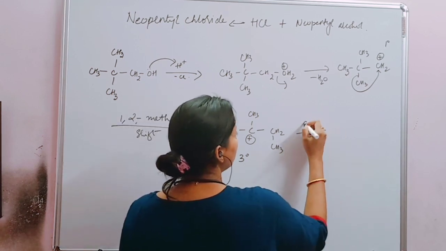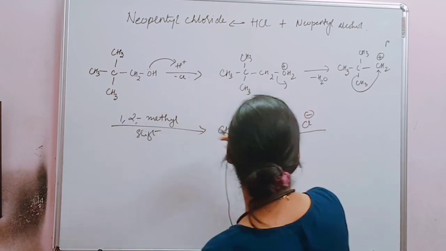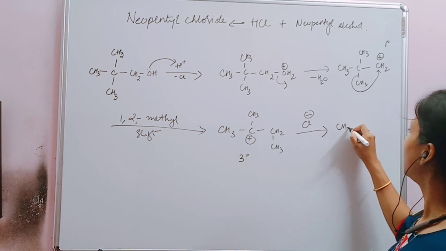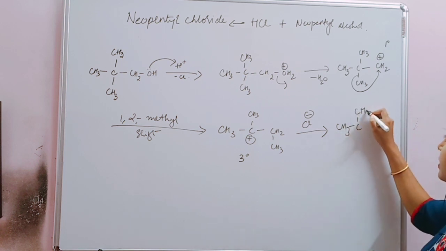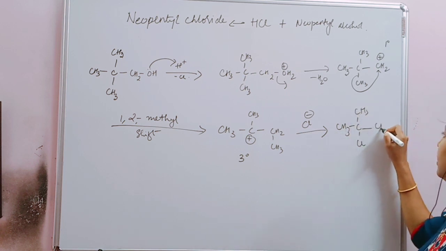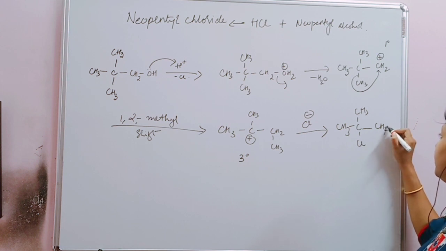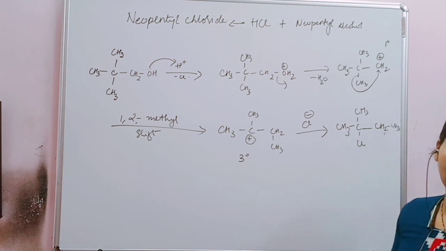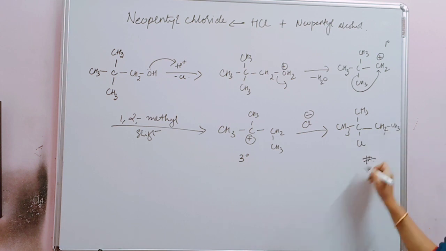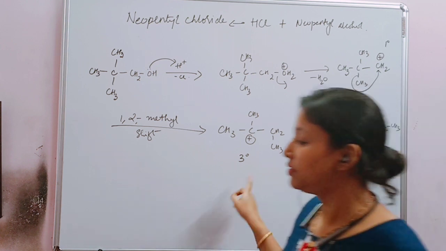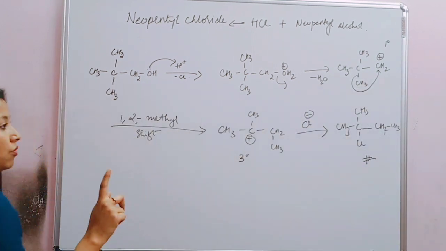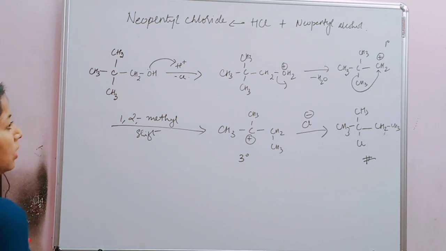Now your nucleophile, that is Cl minus, will attack here and we will get a tertiary alkyl halide. So you must remember this. Now this reaction I have not written, so you must do it from the board.